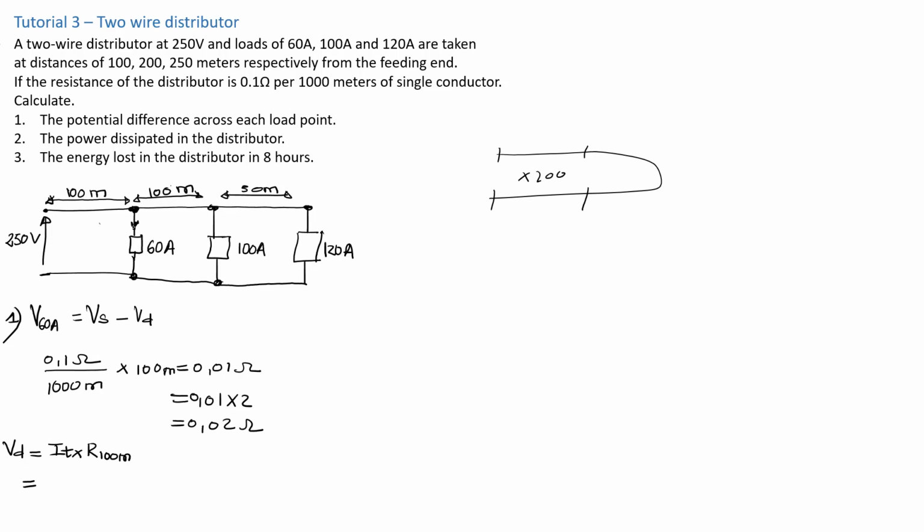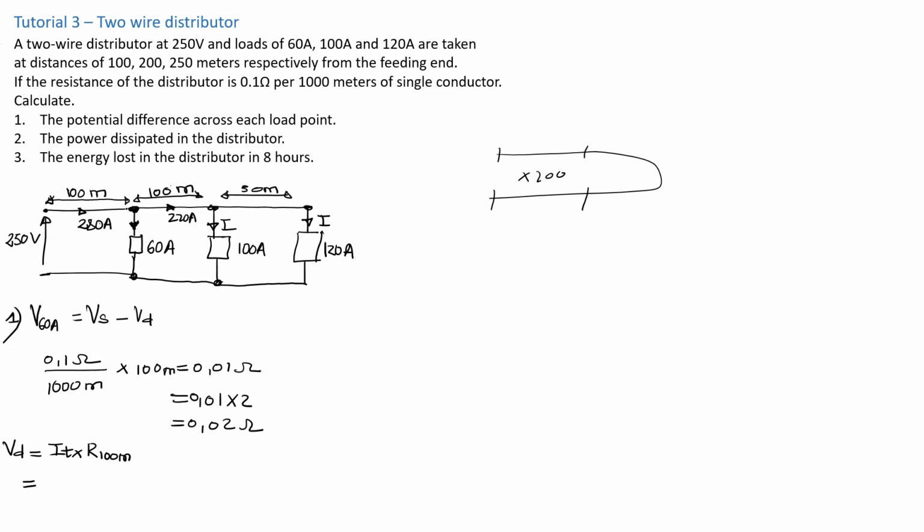We know that there is 60 amps of current flowing here, and there is 100 amps of current flowing here, and another current flowing here of 120 amps. So at this point you should get these two currents standing here. So that's going to be 220 amps at this point. So at this point, the current must be 220 amps plus the 60 amps. So that's going to be 280 amps. So that's the total current at this point.